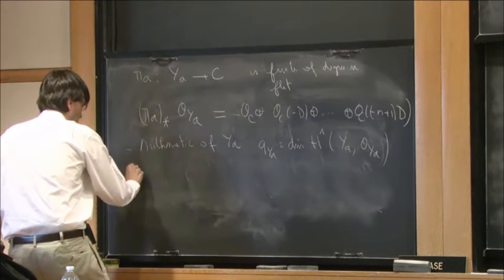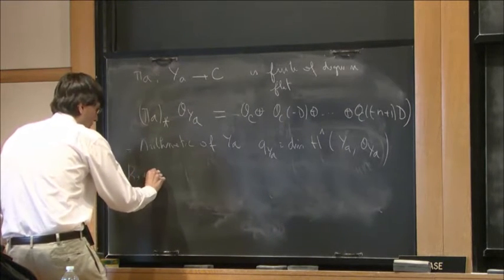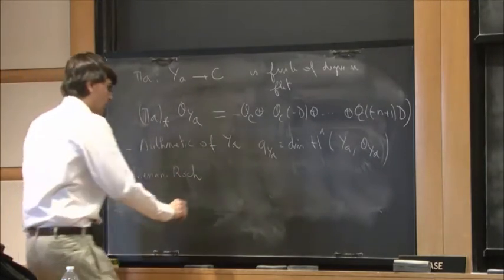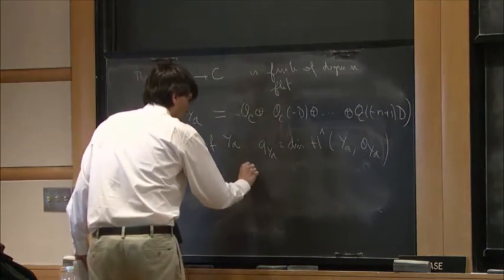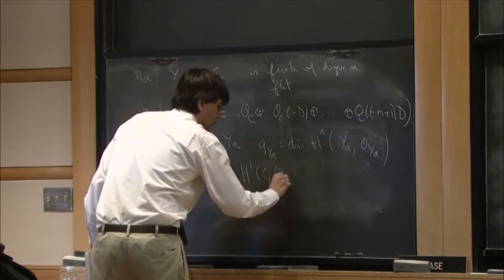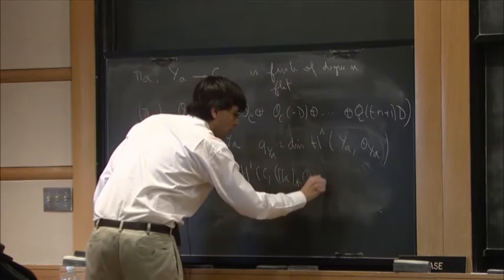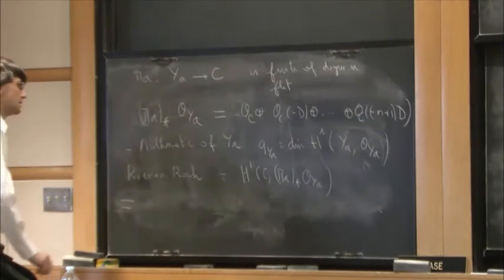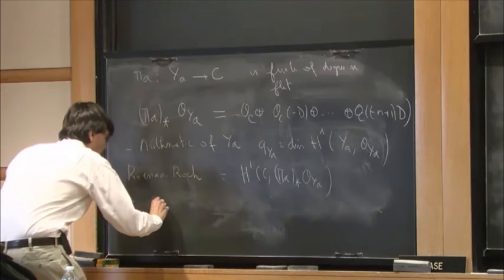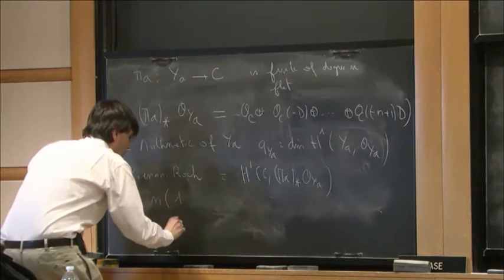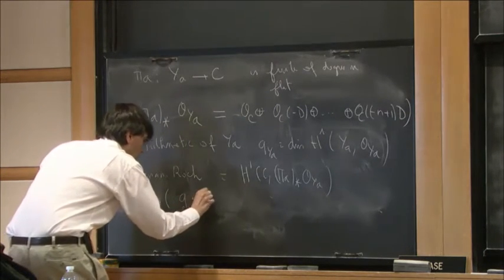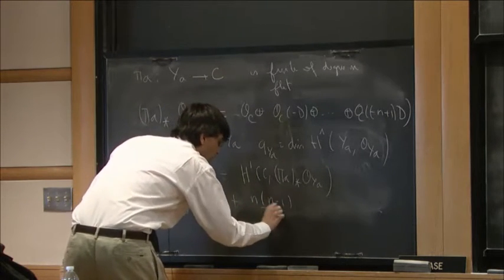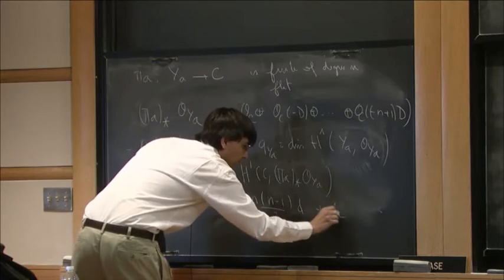And then by Riemann-Roch again, we get H1 of C, pi_A lower star O_{Y_A}. And you can compute, this is n times (g minus 1) plus n(n minus 1)/2 times deg D, plus 1.